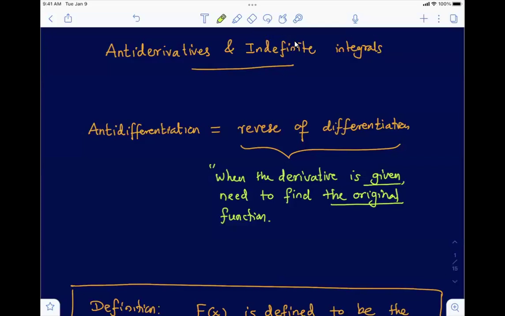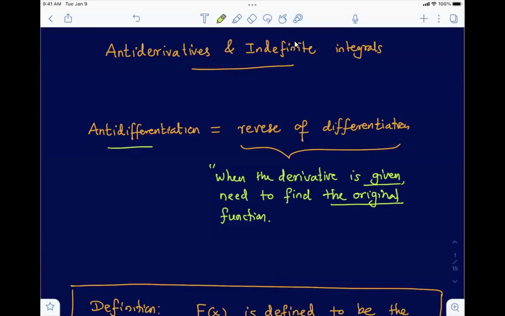Computationally, both of these are exactly the same. The only difference is that they are notationally different when we indicate them. But we will use antiderivatives and indefinite integrals interchangeably in our applications.